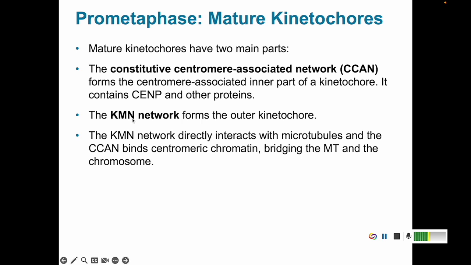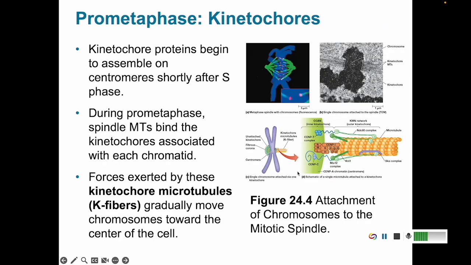It stands for three different proteins whose initials are K, M, and N. And that is what interacts with the microtubules. KMN is also able to interact with the CCAN, which is binding the centromeric chromatin. So that whole gap from chromosomes to microtubules is connected, from the inner kinetochore to the outer kinetochore to the microtubule.